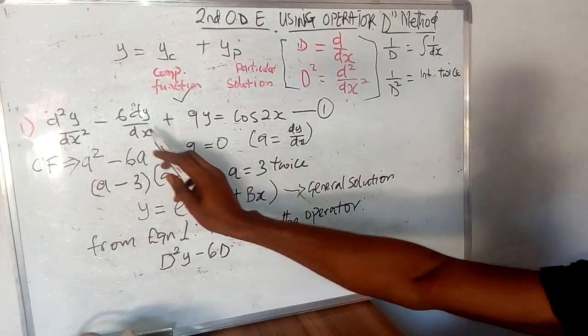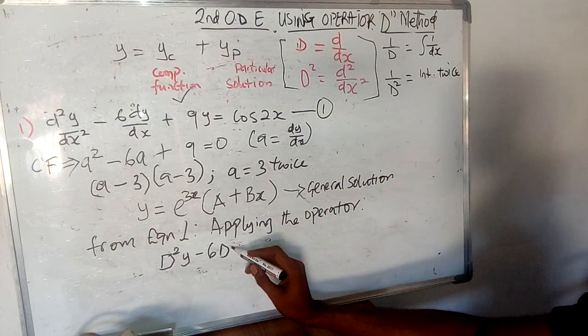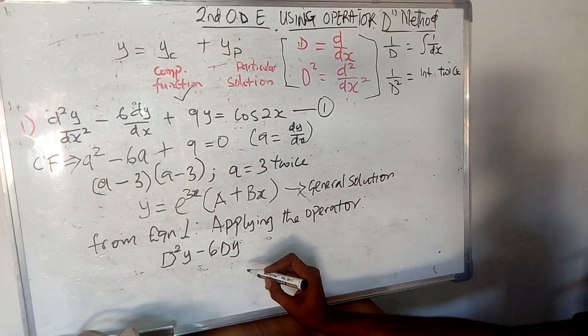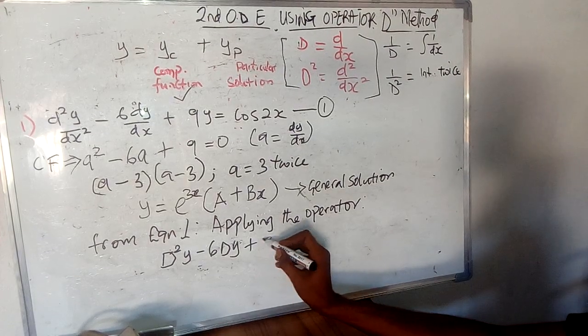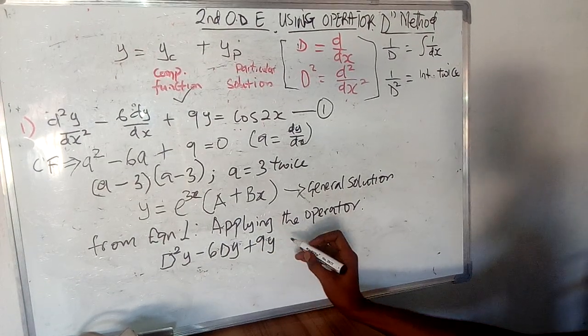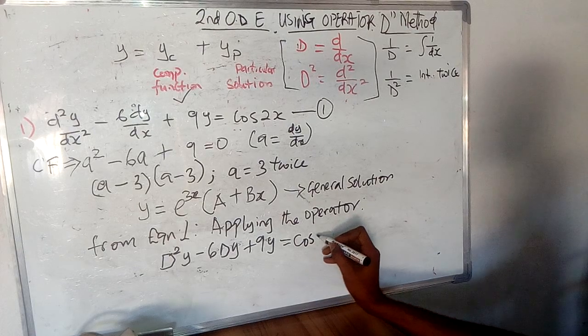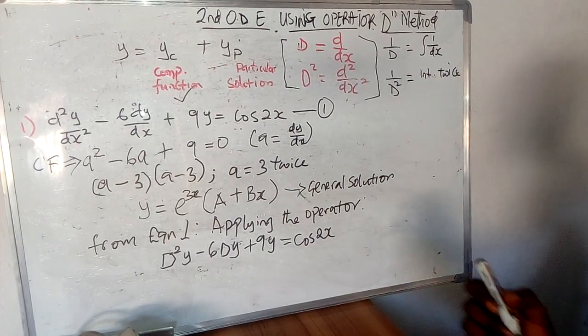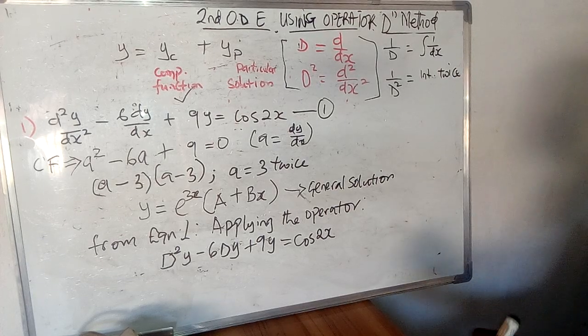Remember, d is d over dx. Plus 9y equals what? Cos 2x. Alright?